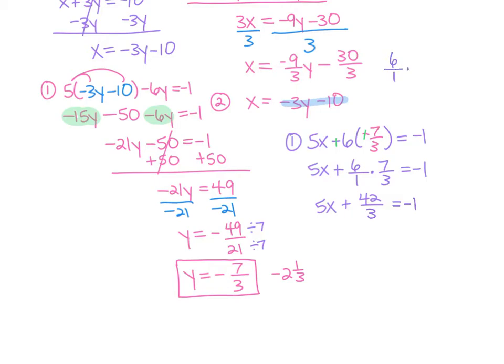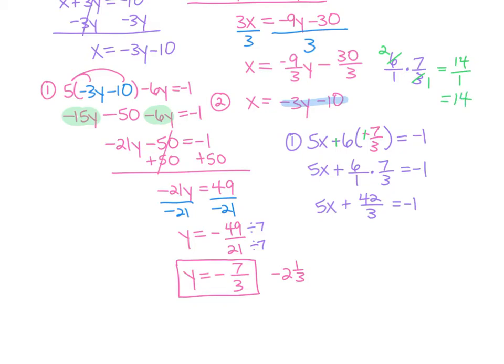I'll go ahead and show you what it would look like if we cross-reduced. Since this is multiplication of two fractions, I can reduce a numerator and a denominator if they have a common factor, which is 3. 3 divides evenly into both. So I'm going to divide by 3 gives me 2, divide by 3 gives me 1. And now my number here is 2 times 7, which is 14, over 1 times 1, which is 1.